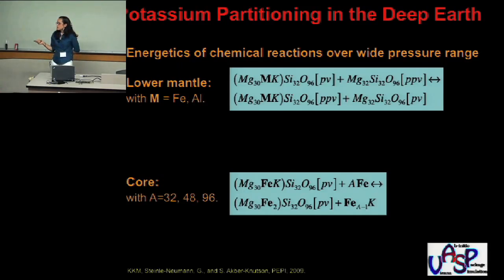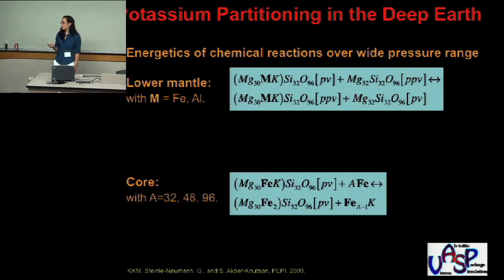And again, we had to use some large supercells in order to look at potassium at relatively low concentrations. Here potassium would have been one of 160 atoms in the supercell. Still a very large amount of potassium, but given our computational facilities, that was about as large as we could get and still have the appropriate memory and time to run these calculations.